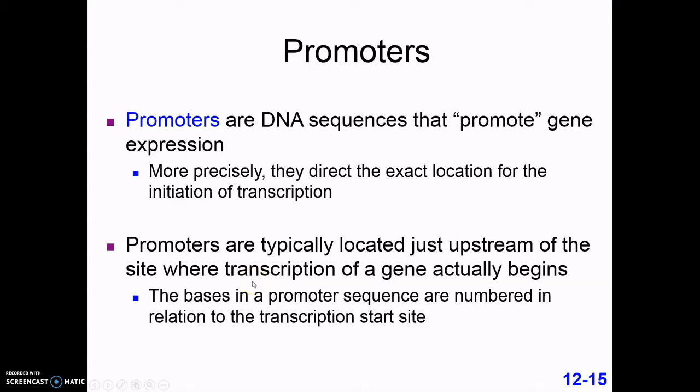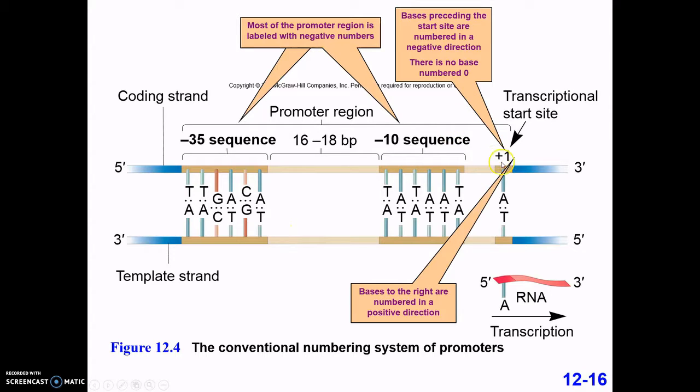So, if we take a particular gene and we have the start location of its transcription, we'll call that +1. And everything downstream of that will be called +2, +3, +4, +5, however far it goes.